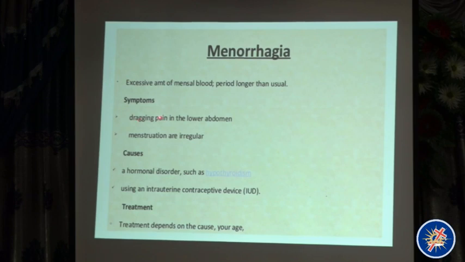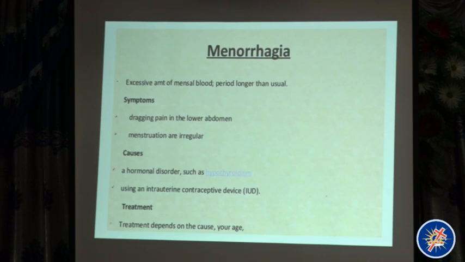What are the symptoms? Dragging pain in the lower abdomen, a lot of pain in the lower abdomen. And then menstruation becomes irregular. What are the possible causes? It's a hormonal disorder, like hypothyroidism, something that happens in the thyroid, not thalamus, in the thyroid gland.